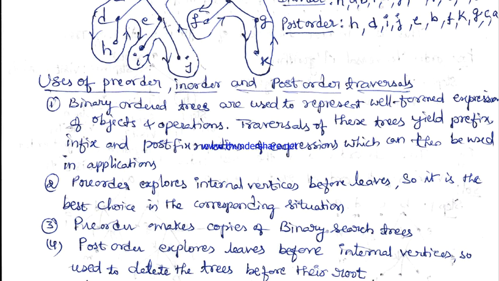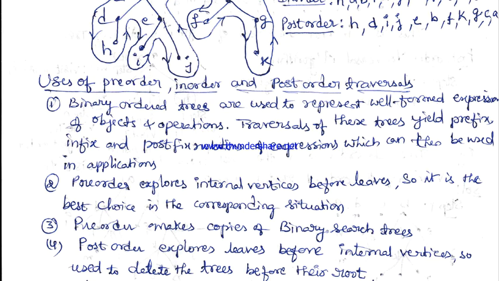Because the pre-order explores internal vertices before leaves, this pre-order is the best choice when it has to be used to delete the internal vertices before the leaves.